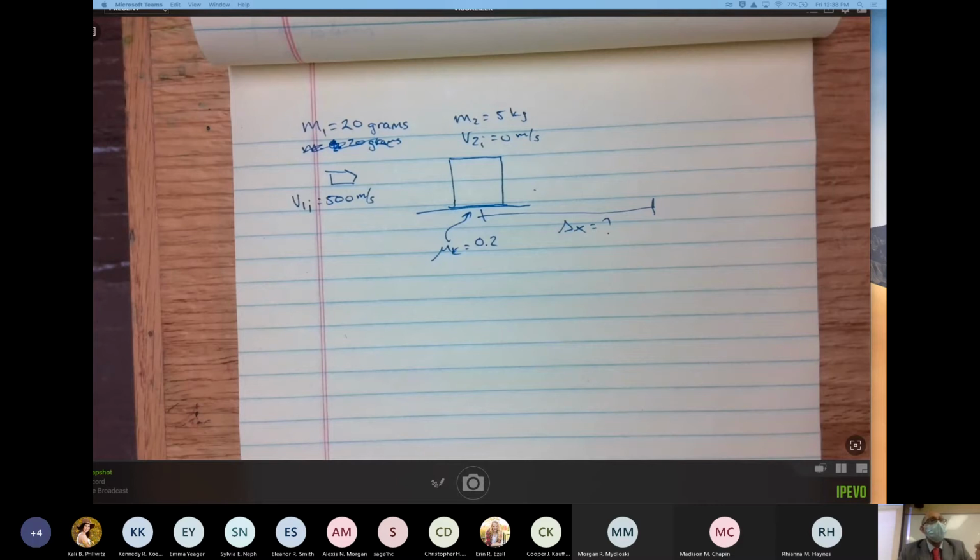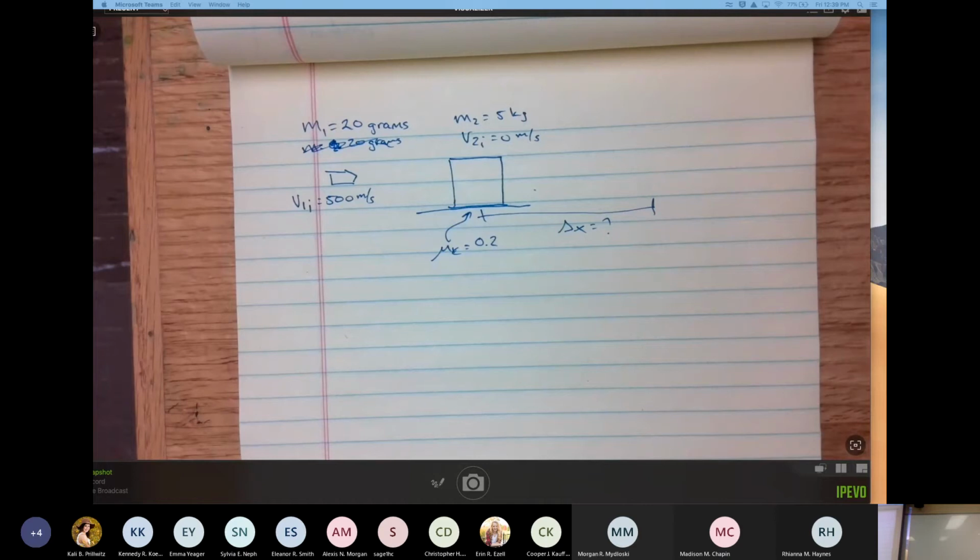I got this, which would be my acceleration. Yep. And then I tried to do this part, but we're looking for the delta x, so I think 500, but I don't think that's right. No, you need the acceleration.